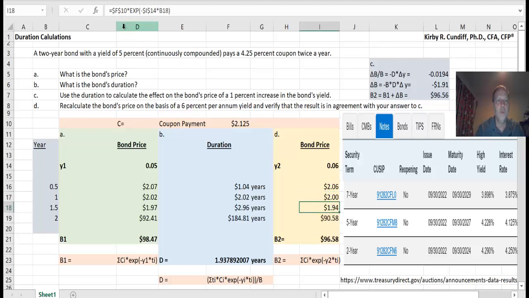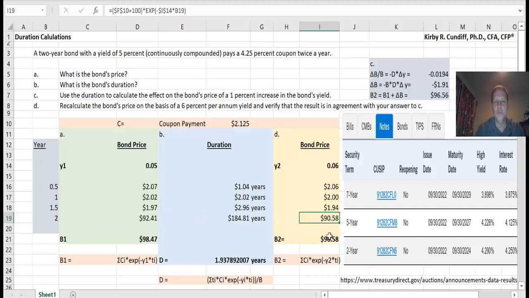Next term, 2.125 exponent minus 0.06 times 1.5 gives us $1.94, again slightly less than the $1.97 from Part A. And our final term, again, we have 100 plus 2.125 discounted exponent minus 0.06 times 2 gives us $90.58, less than this term because interest rates have gone up.